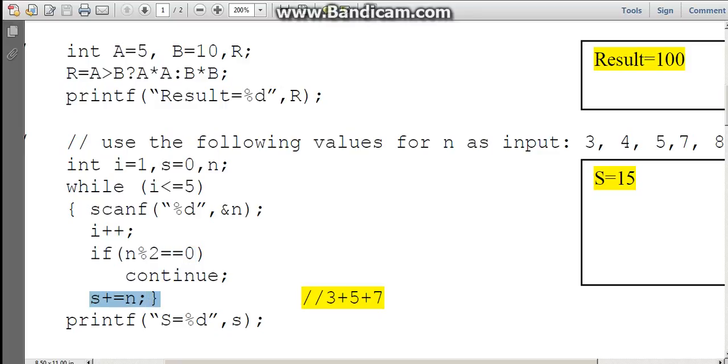Now we'll move to the third one, 5. If we substitute it here, 5 divided by 2, the remainder is gonna be 1, so this is not correct, so there's no continue. We just substitute it here.